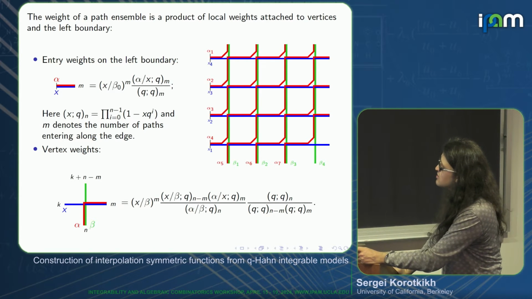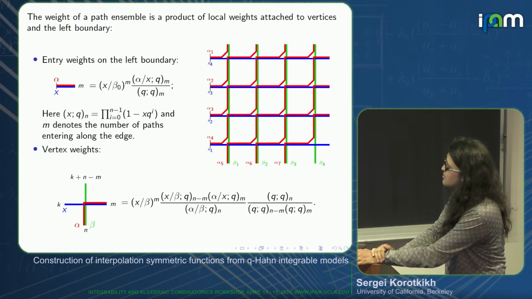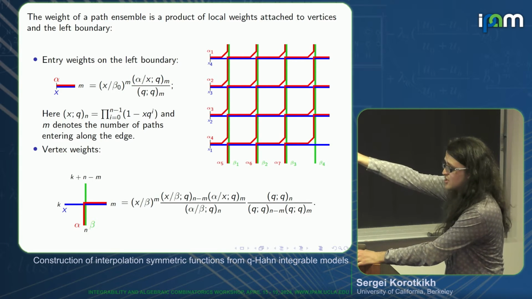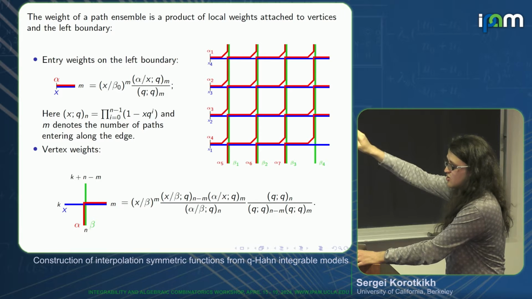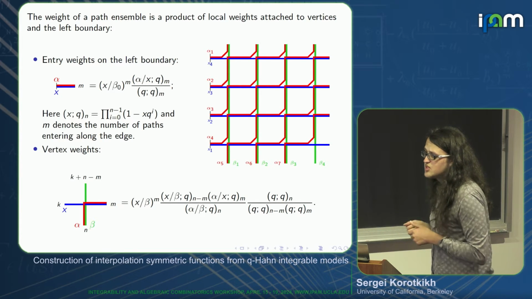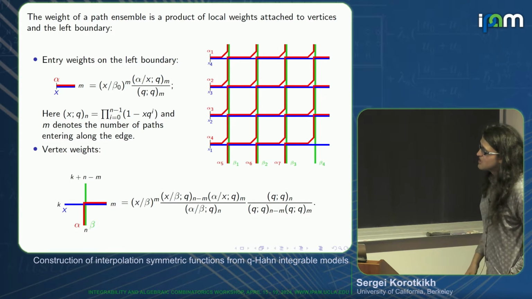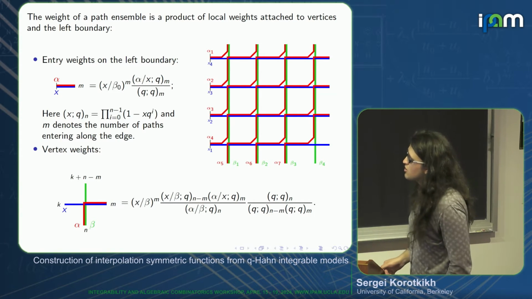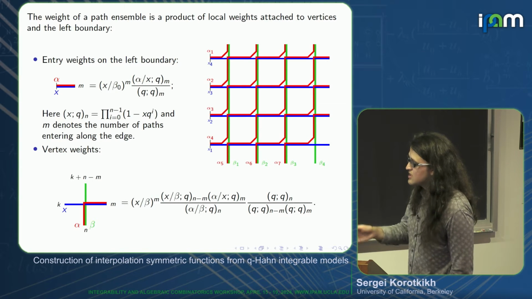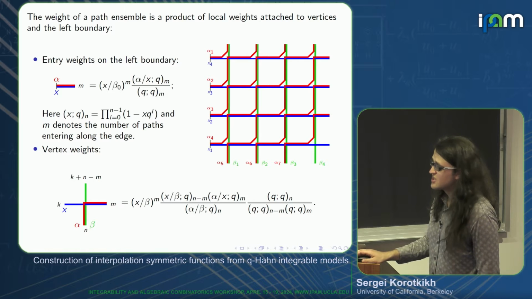After defining all these parameters and how they attach to the lines of this model, I will define the weights. There are two pictures which you should see here together: the picture of how the parameters work, and an arbitrary path ensemble for which I will define the weight. For the path ensemble on this grid, the weight is the product of some weights sitting on the left boundary and some local weights sitting at each vertex.